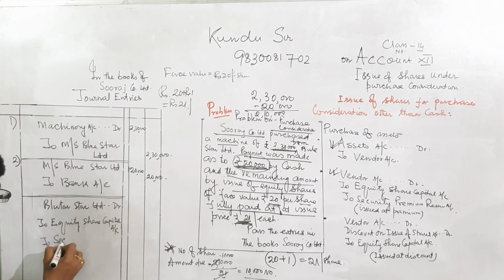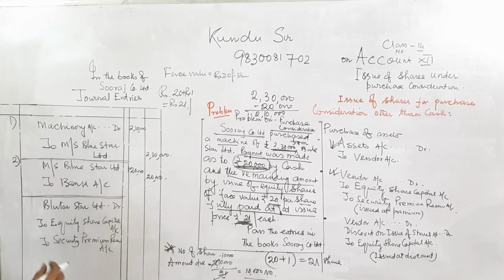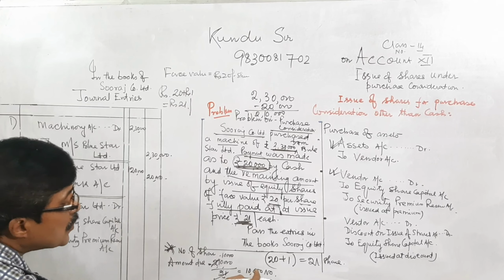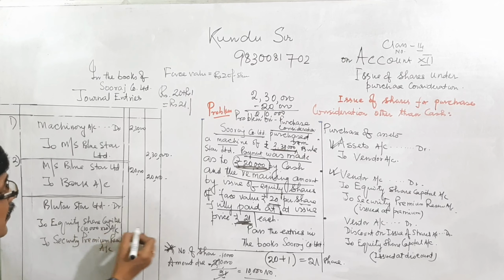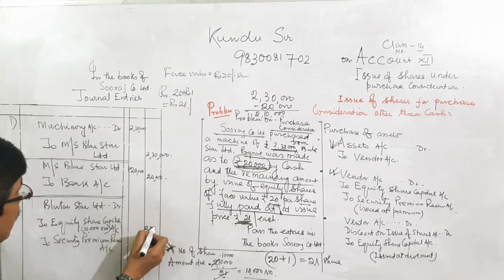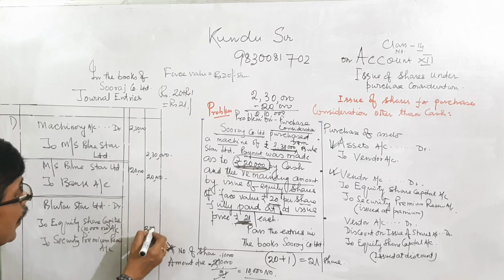securities premium reserve account. How many shares are we issuing? The face value is rupees 20, so it will be 10,000 into 20, that is 2 lakhs.